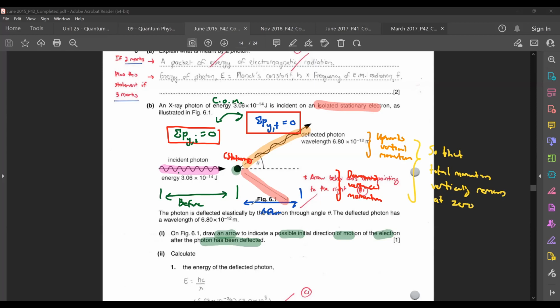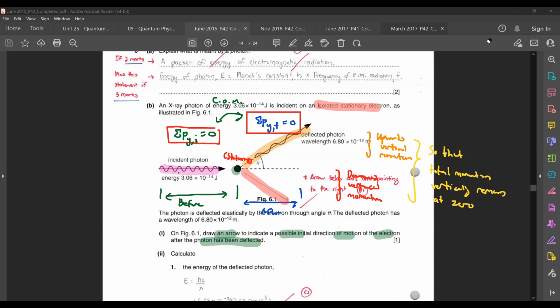That's the reason why I know it must deflect downwards, so that my total vertical momentum remains at zero. That's why you cannot say that it just moves forward like this or it goes upwards like this. You still have to follow conservation of momentum.